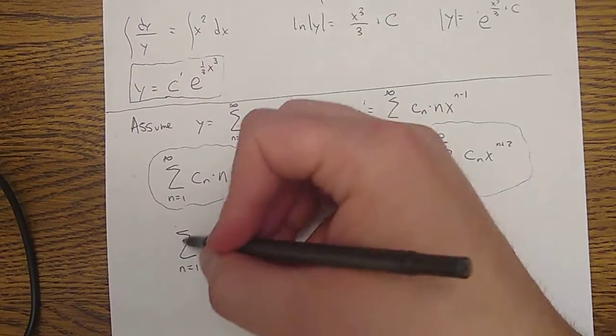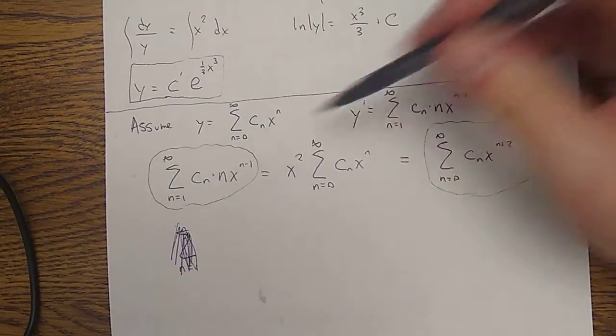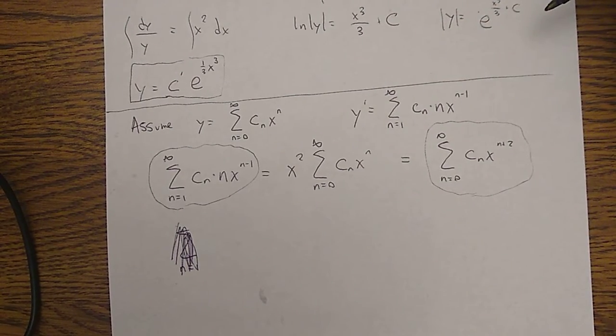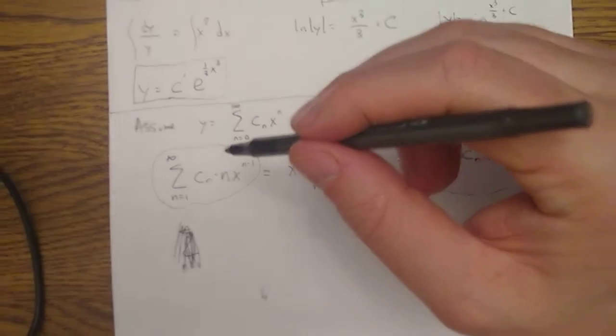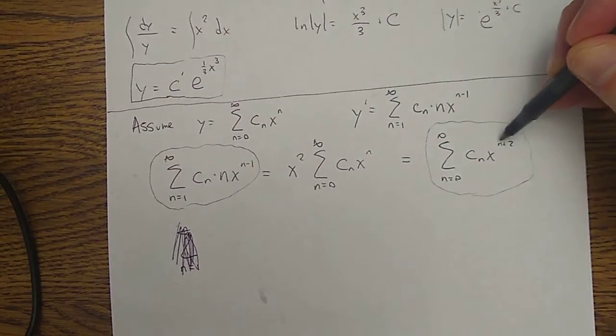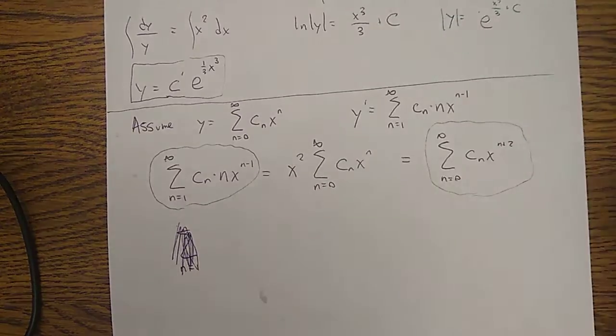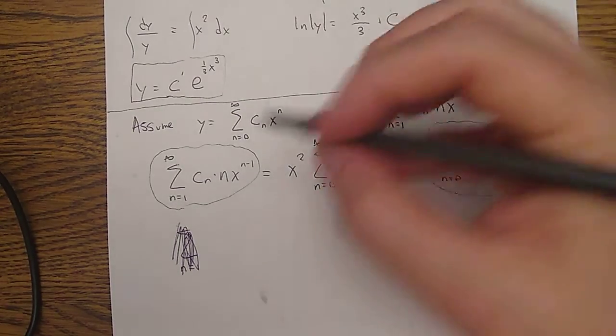Here's what we'll do. I want the power of x to just be n. I want both of these to just have an x to the n in them. That means I would have to bump this by 1, and I would have to bump this down by 2. But we can do that. This is re-indexing the sum.